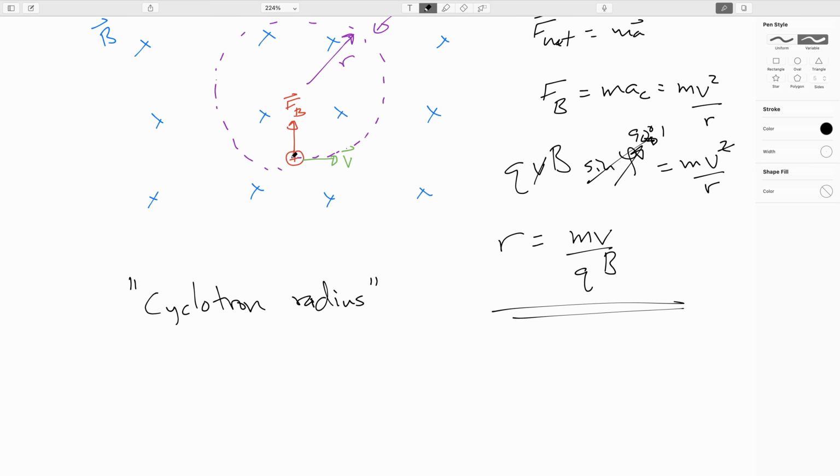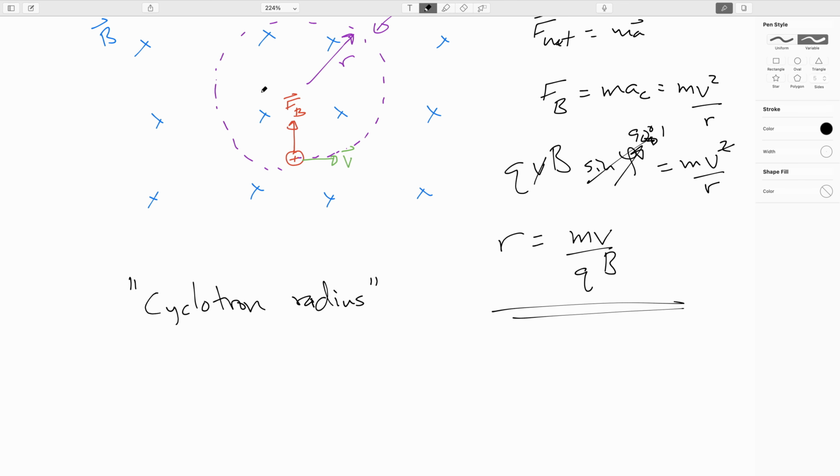And at two points on the circle, they would create an accelerating electric potential. And so the idea is, okay, well, how big of an orbit are you going to have? And this is how big of an orbit you're going to have for your cyclotron. So this gives you some guidance on how to build the cyclotron.